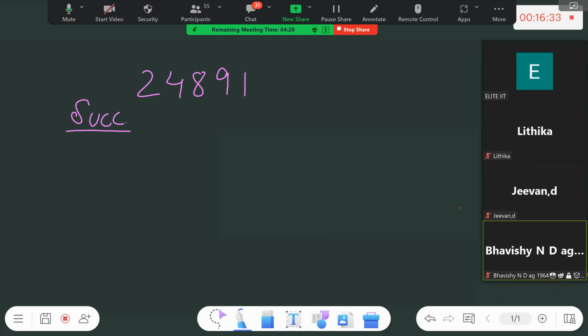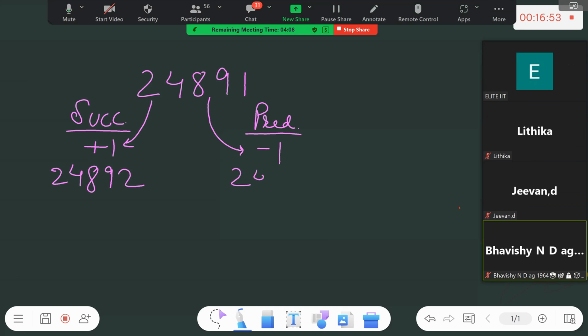The successor will be plus 1, so if you add 1, you get 24892. And the predecessor is minus 1, so it will be 24890.